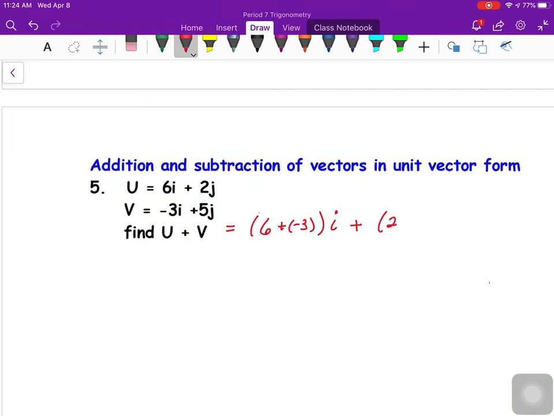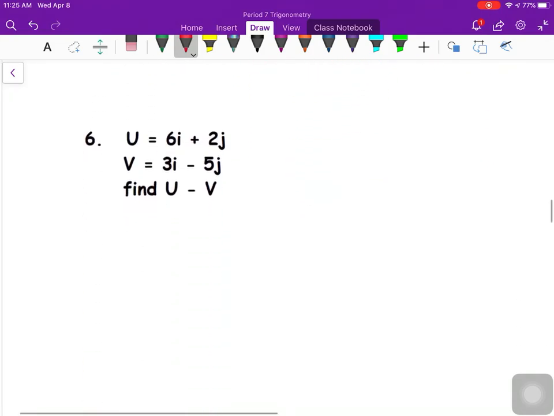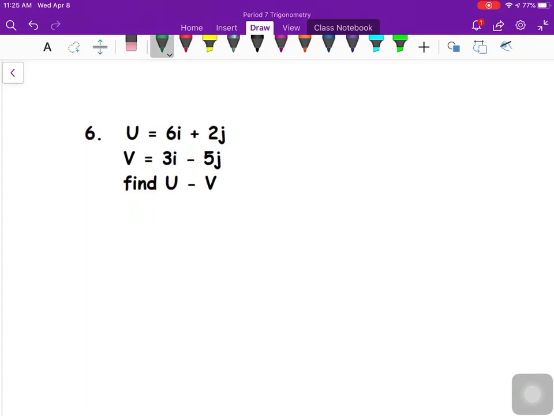So for example, if I'm taking u plus v, I would take 6 plus negative 3 for my i, and then 2 plus 5 for my j. So I get 3i plus 7j.